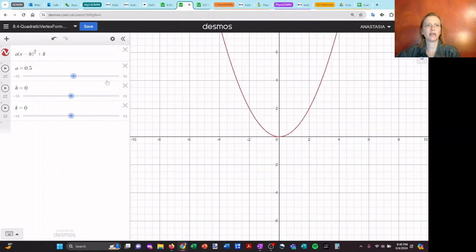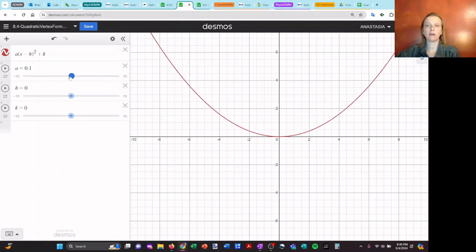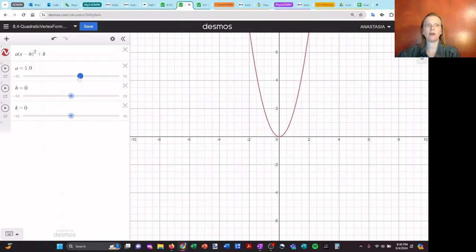If I pause this again, you can see that when my a value is less than 1, you have a vertical shrink. So it's like sitting on the parabola, making the parabola wider. And when a is greater than 1, you get a vertical stretch, causing the parabola to be narrower.